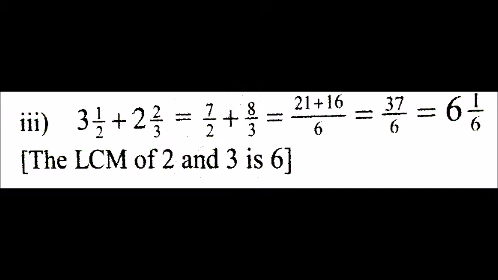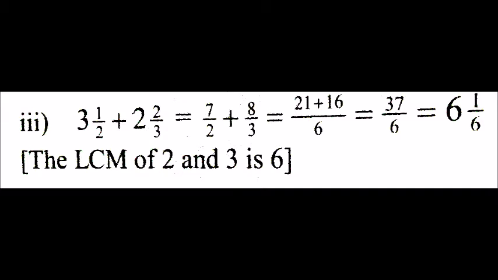Then, after solving it, you change it back to a mixed fraction. So you can see on the solution, we have changed it into an improper fraction. So 2 times 3 is 6 plus 1 is 7 over 2. Plus 3 times 2 is 6 plus 2 is 8 over 3. Then you find the LCM for 2 and 3. The LCM of 2 and 3 is 6.